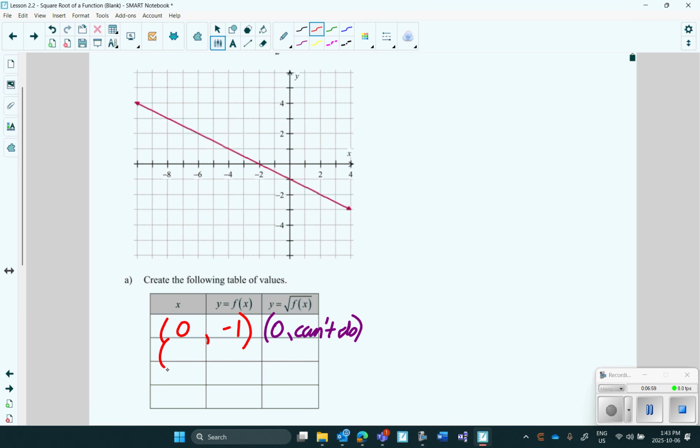What's the next point along here that you can easily take the square root of the y value? We tried this one. How about -2, 0? Because what would be the point on the square root one when we square root the y? -2, 0.